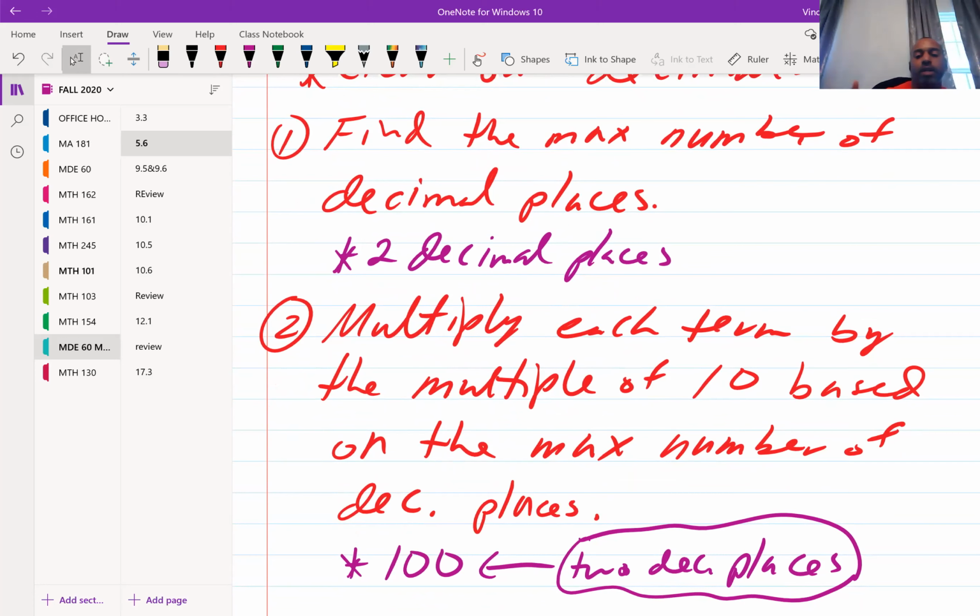If we had 3 decimal places, we would use 1,000. If it was just 1 decimal place, we would just use 10. So that number of decimal places will dictate how many zeros are behind the 1. All right, any problem?